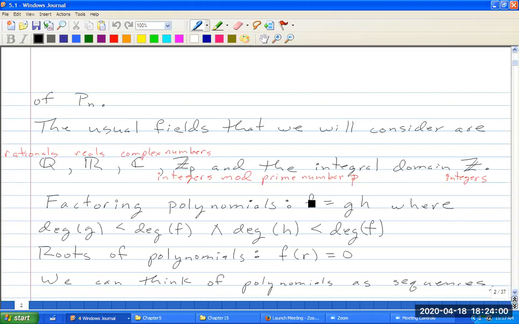Okay, so f is equal to g times h, where I say that I can factor f into polynomials g and h if the degree of g is less than the degree of f and the degree of h is less than the degree of f. So I can factor a polynomial if I can write it as the product of two polynomials, each of which have degree less than the original polynomial.